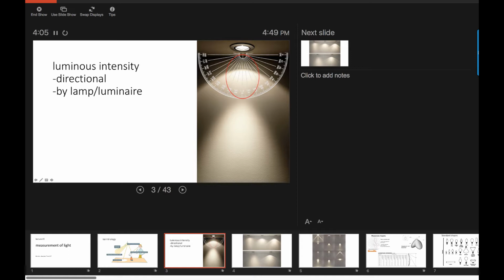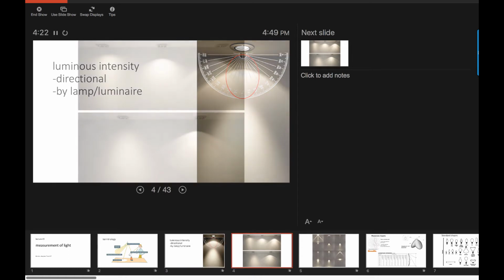What you can see is if you measure here at 120 degrees, that the distance from the origin to the point where the curve intersects the graph is much smaller. So there's less light coming out in that way. And you can see it on the wall, but we obviously can read the chart too.